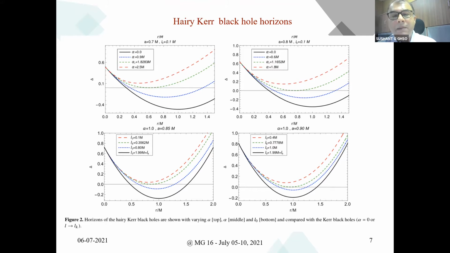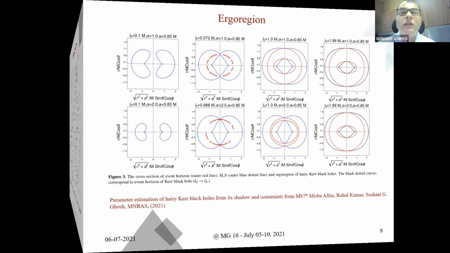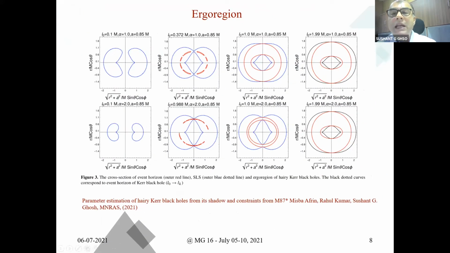We can find an extremum value of L0 or even alpha0: when the value of alpha is less than this extremum value, we have a black hole, otherwise there is no black hole. That is shown in these figures, and also we have shown the ergoregion.